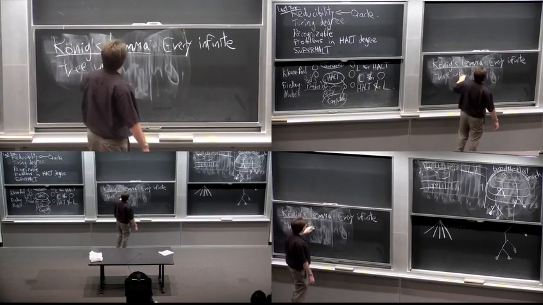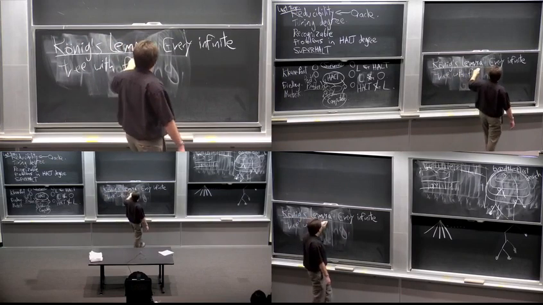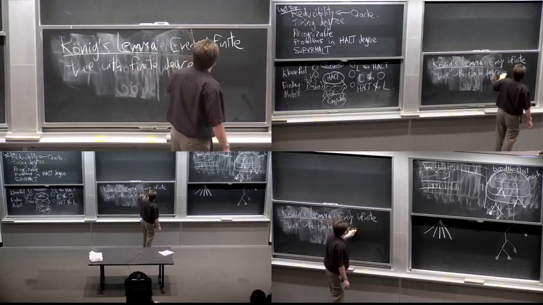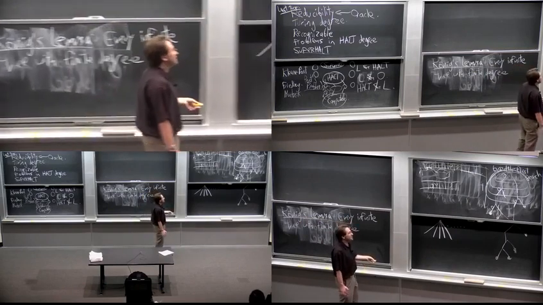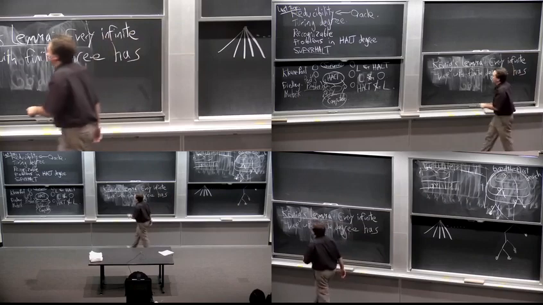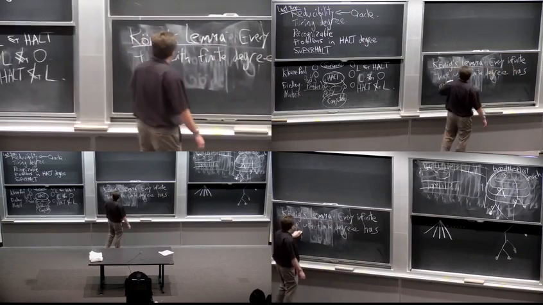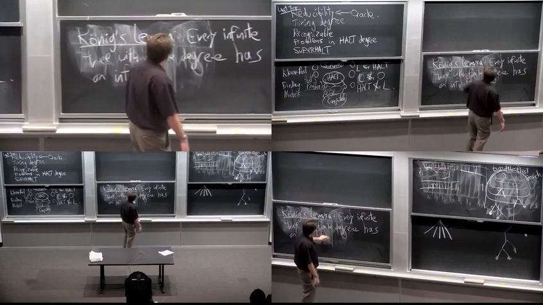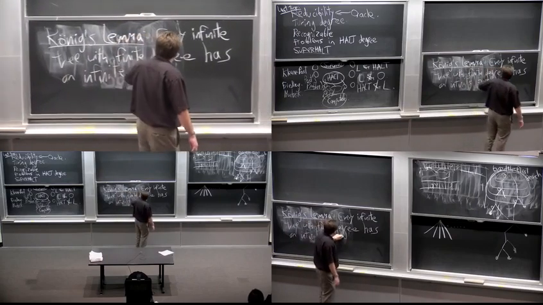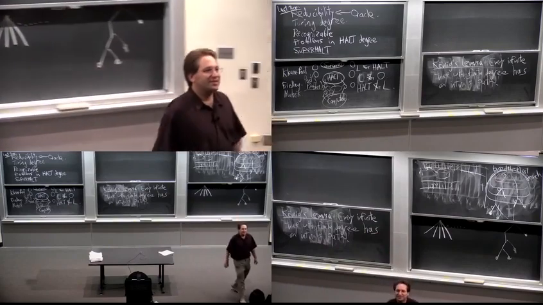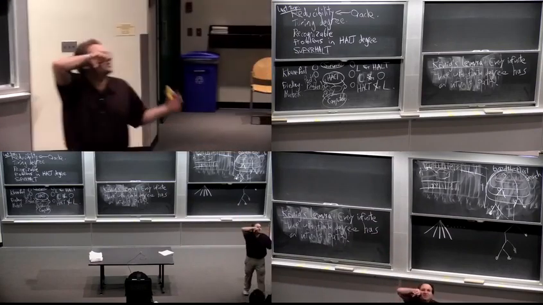And it says that every infinite tree with finite degree, or let's say where every node has only finitely many children, has at least one infinite path. Okay. Can anyone see how we might prove Koenig's lemma? Or why is it true?